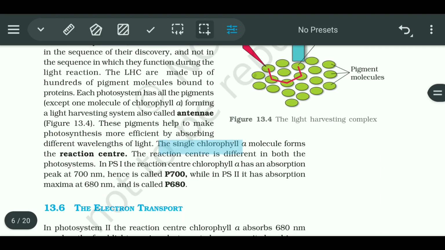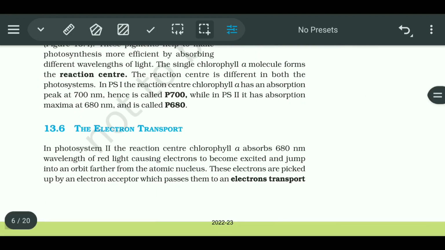The single chlorophyll a molecule forms the reaction center. The reaction center is different in both photosystems. In PS I, the reaction center chlorophyll a has an absorption peak at 700 nanometers, hence is called P700, while in PS II, it has absorption maxima at 680 nanometers, and is called P680.